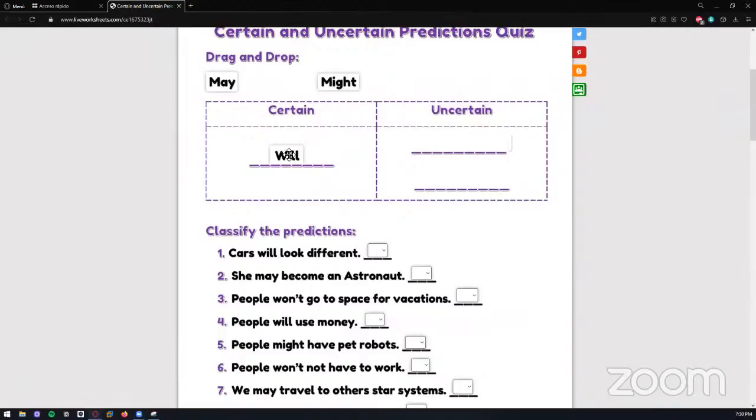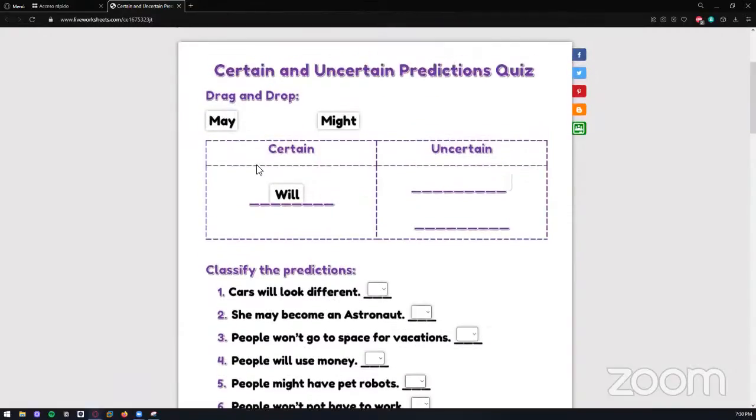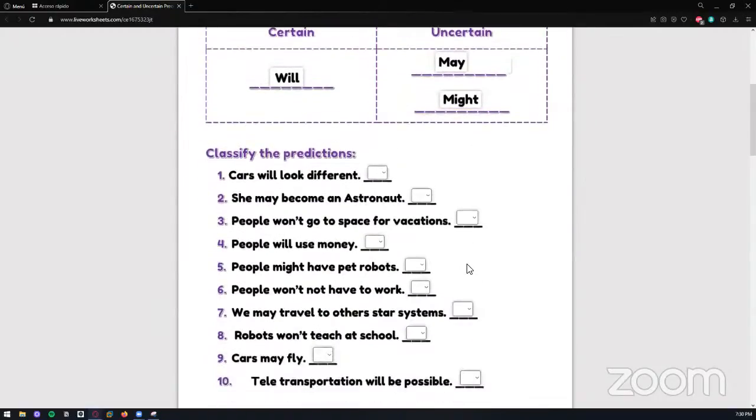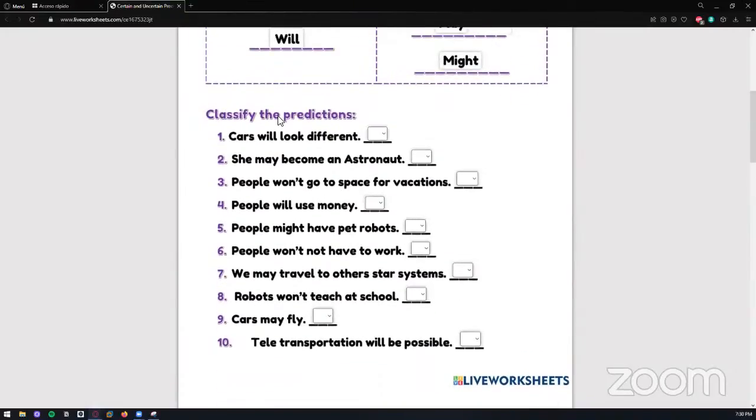Yes, you can drop it, sorry. So which of the 3 are certain? All right, and which uncertain? All right. So now let's try. Excellent. Then let's try to see the predictions. Okay. Should I start? Yes, number 1, please.